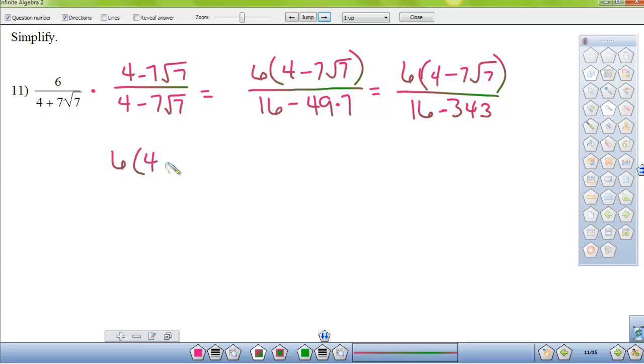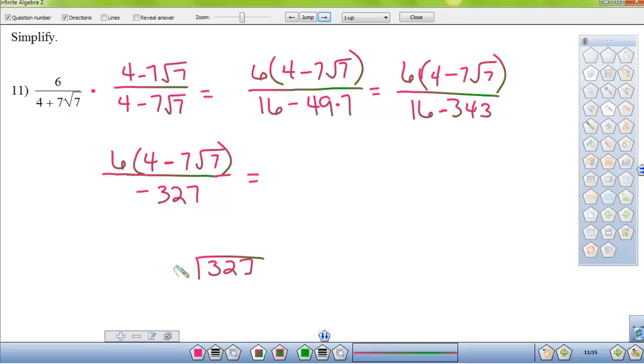Again, I'm just going to rewrite the numerator. And 16 minus 343 is negative 327. Once again, these are kind of large numbers, but let's see if we can simplify this any. I can tell by looking at this that this is divisible by 3.